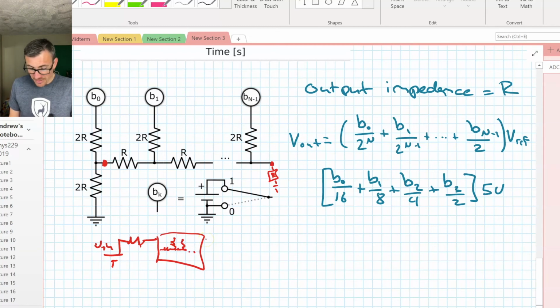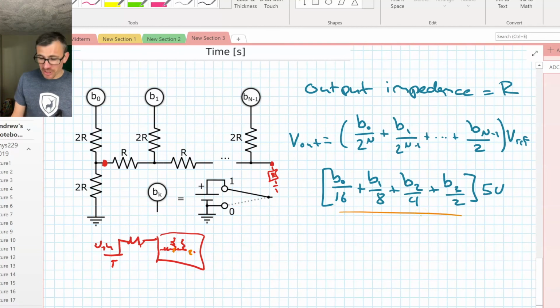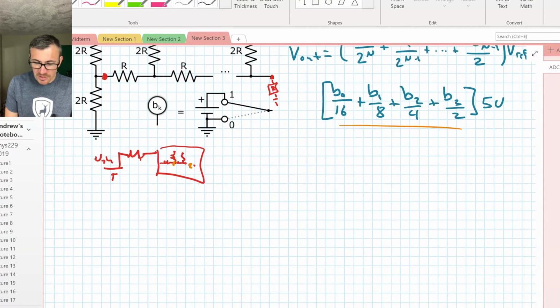Then you find the Thevenin equivalent of the next part, and you can kind of collapse it down. And what you get is an expression that looks like this. It's a bit much algebraically for a lecture, so let's just convince ourselves that it's true for a 2-bit, and we can go from there. You can always prove it, or let me know if you want. We can go through the full derivation if you want. It's not too bad, it's just a bit much.